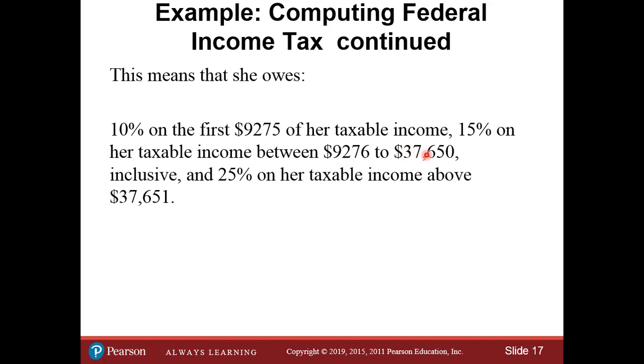We take this amount and subtract this amount from it, and whatever that amount is will be taxed at the 15% bracket. And then whatever is left over is going to be taxed at the 25% bracket.